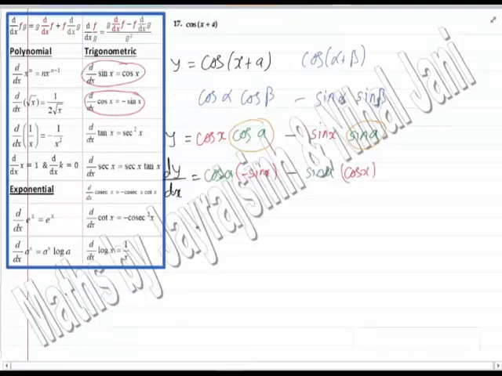So the final answer is minus cos a sin x plus sin a cos x, right? Or we can say minus sin(x plus a). Ta-da! This is your final answer.